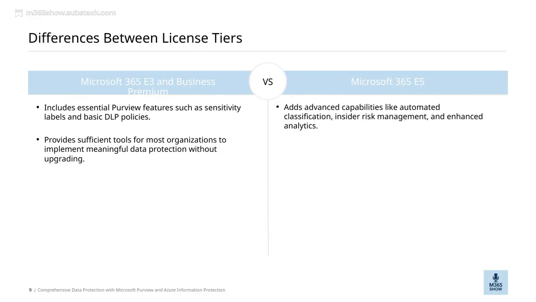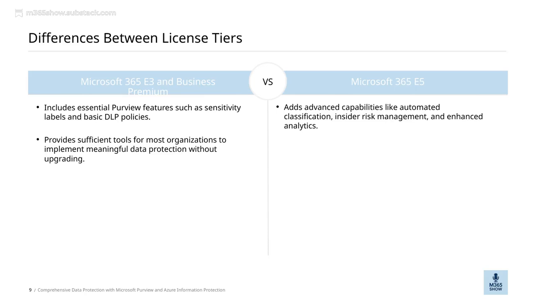On the other hand, E3 and Business Premium include essential Purview features such as sensitivity labels and basic data loss prevention policies. These tools are sufficient for most organizations to implement meaningful data protection without needing to upgrade.